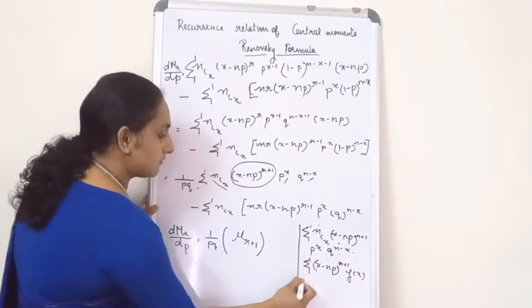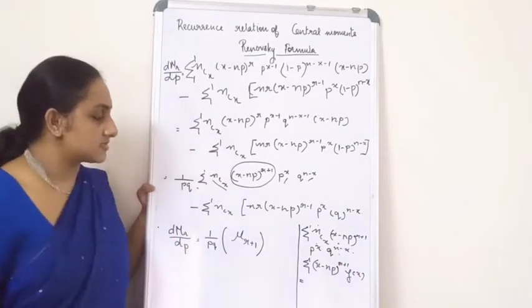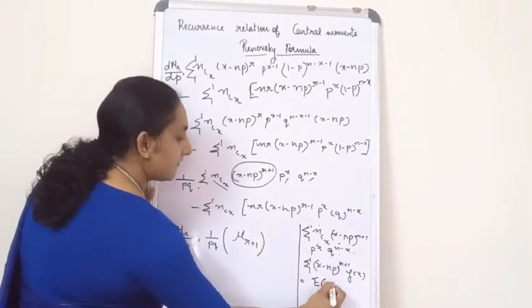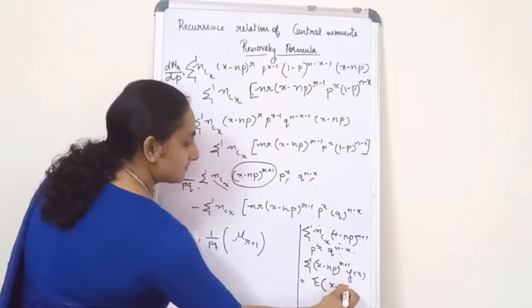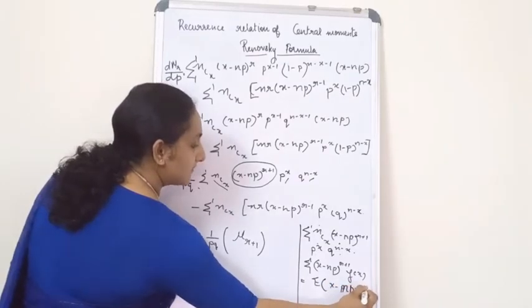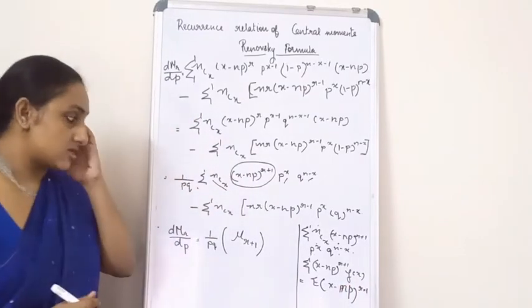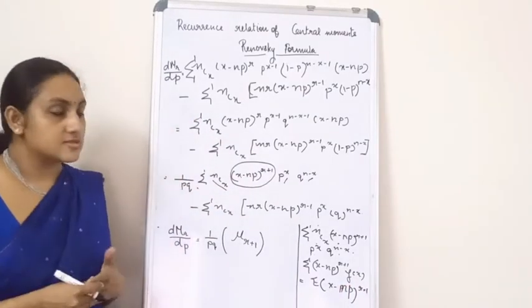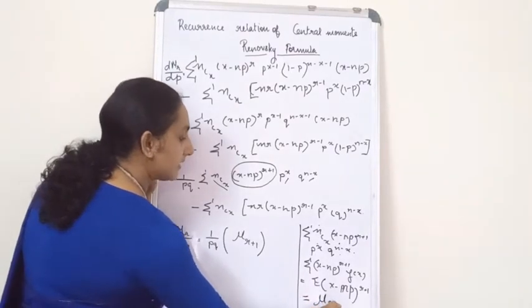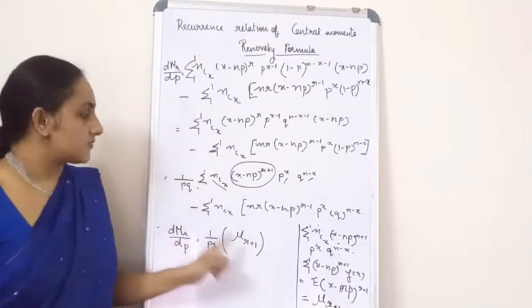Now do you find this term familiar? Yes, it is expectation of (x minus np) the whole raised to r plus 1. Now what is expectation of (x minus np) the whole raised to r plus 1? That is mu r plus 1. So that is what I got over here.